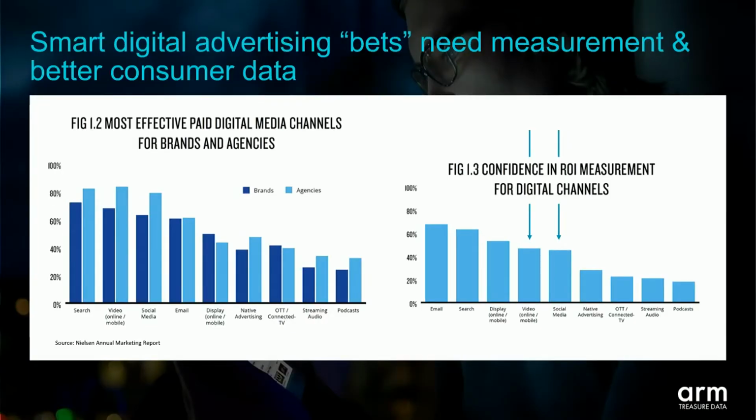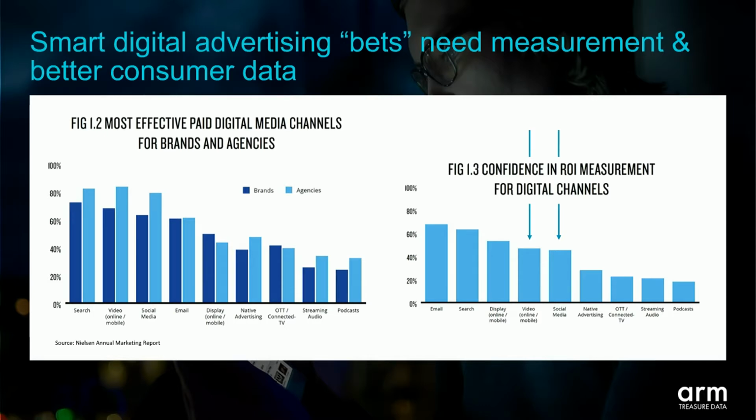So I went out and I was wondering, what do people think about their current state of being effective with their digital ad spend? And I found a study that Nielsen had done. In this study, they asked very specifically about the effectiveness of certain digital channels.